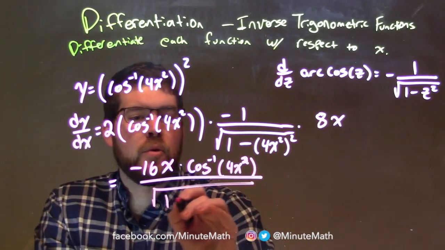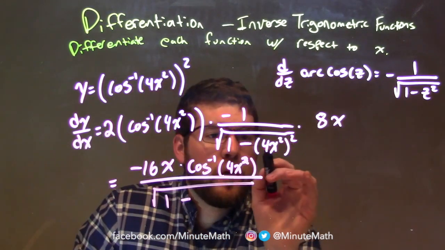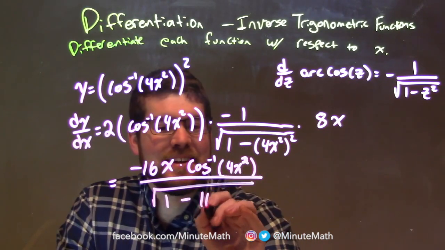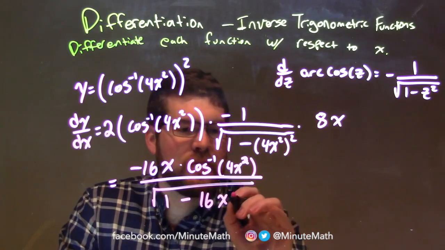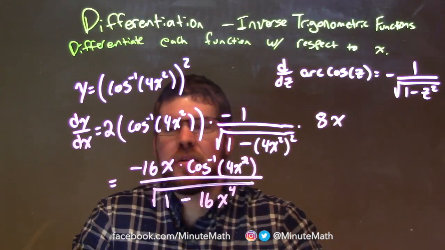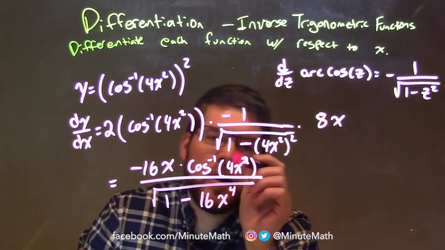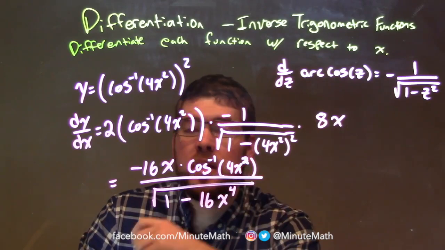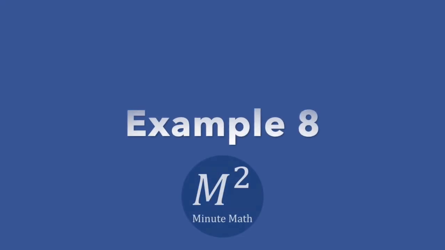We have the square root of 1 minus, well, 4 squared is 16 here. x squared squared is x to the fourth power. And there we have it. Our final answer here is negative 16x times the arc cosine of 4x squared, all over the square root of 1 minus 16x to the fourth power.